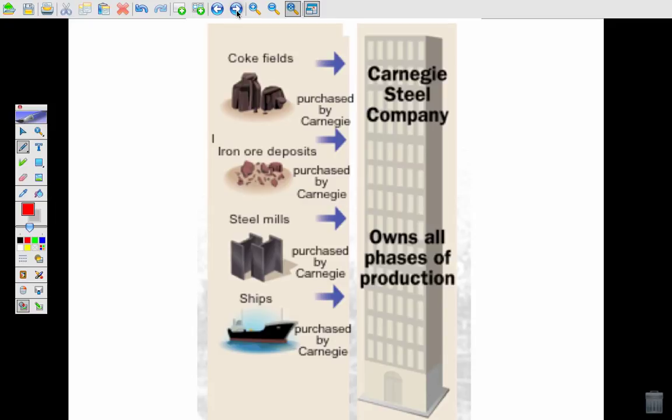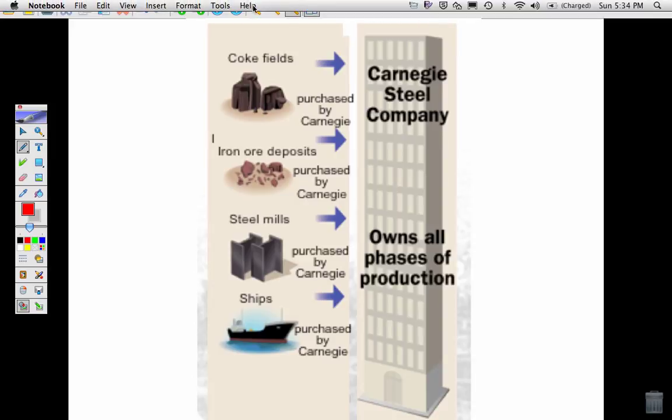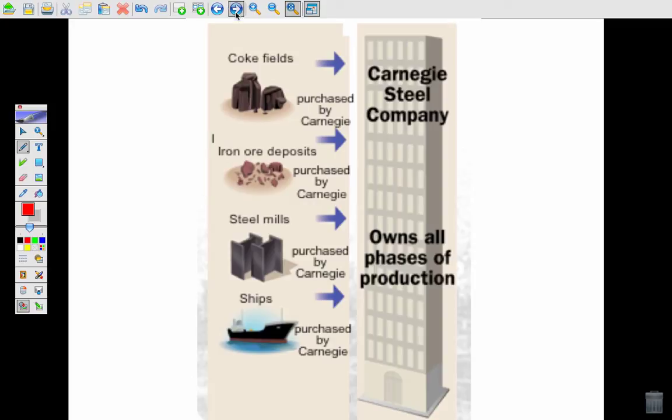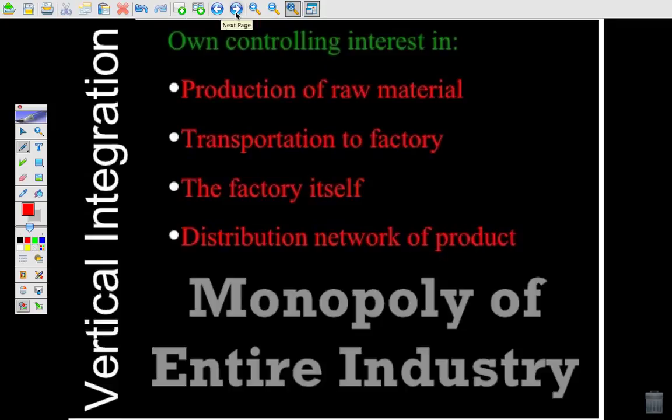He then owns the ships, which are the transporting of his finished good, and he ships the steel to whomever needs to purchase it. So this is another example of how Andrew Carnegie practices vertical integration, owning each phase of production. And that's good to know.